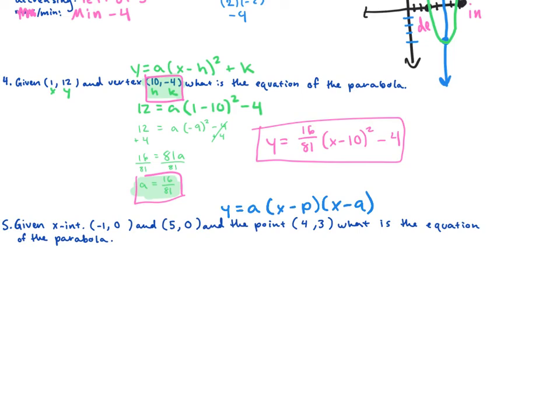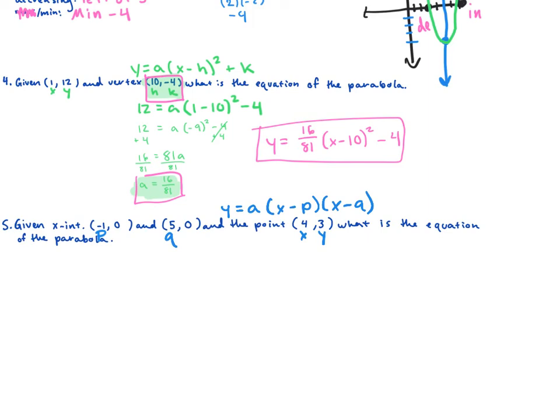So what's our x and y? Which point? 4 and 3. So we have our x and y, and what's our p and q? -1 and 5. Perfect.